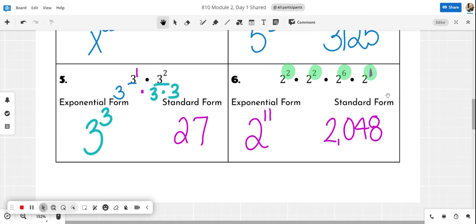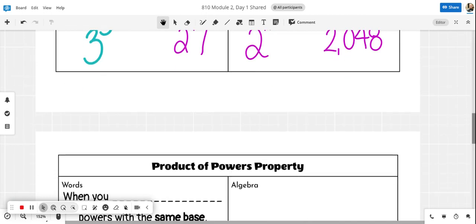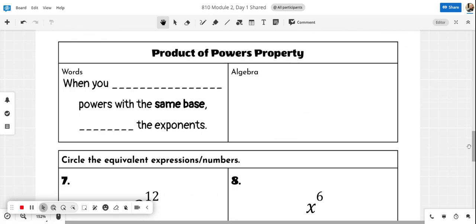All right. We're going to flip that page over and just kind of sum up what we did here on the front. So when we multiply powers with the same base, what did we do to the exponents? We added the exponents.